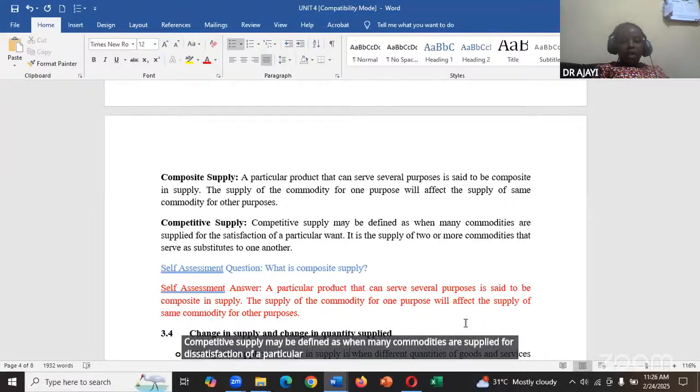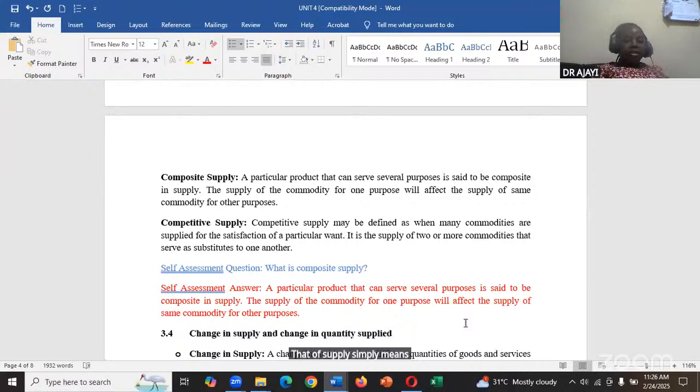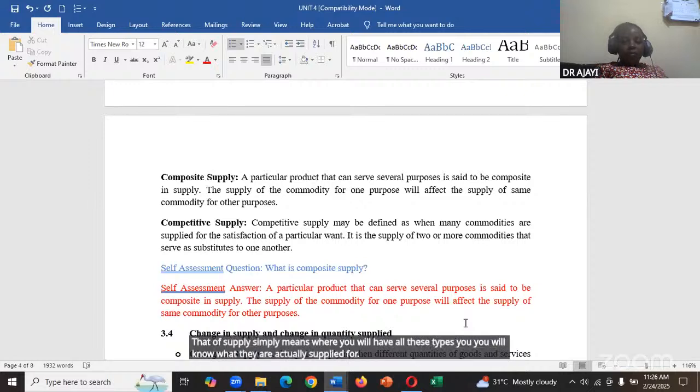It is the supply of two or more commodities that can serve as substitutes to one another. So when you look at the explanation under that of demand with that of supply, it simply means when you have all these types, you will know what they are actually supplied for.